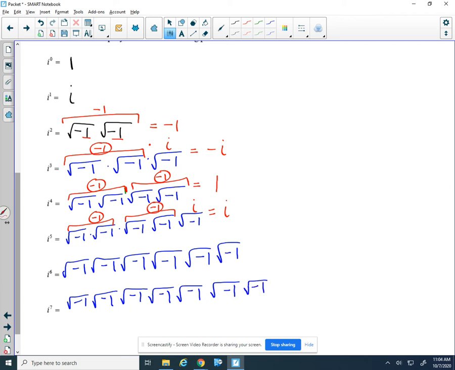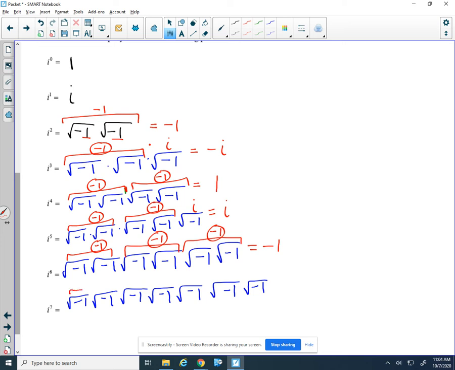And hopefully you start to see some sort of pattern emerging. I have a -1, a -1, and a -1 here. So -1 times -1 is 1, times -1 again is -1.